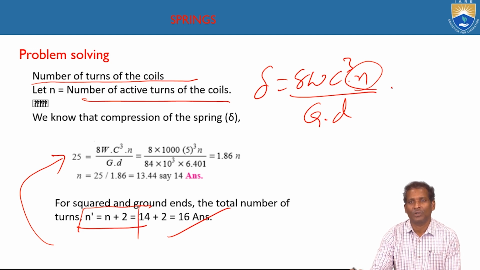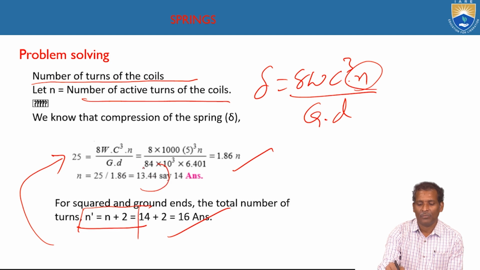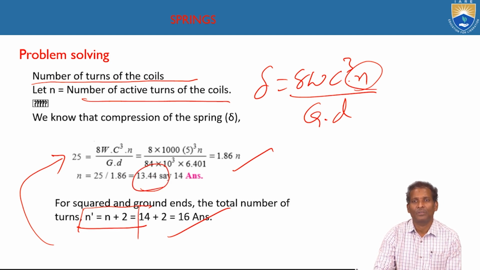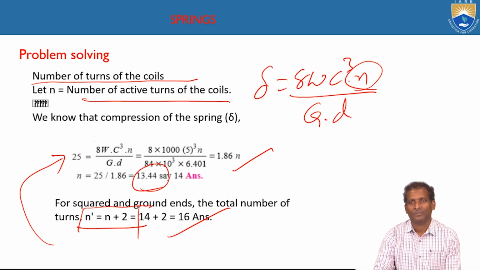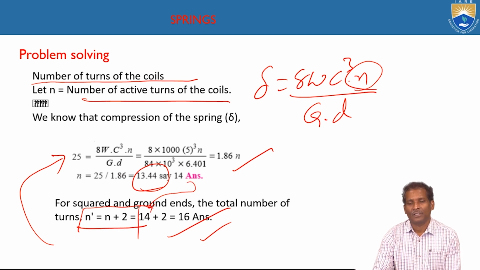G is the modulus of rigidity and d is the wire diameter. Substitute all those given values in this relation and you will get the number of active turns, 13.44, say 14. For squared and ground ends, the total number of turns is n plus 2; substitute this value in the relation and you will get 16.